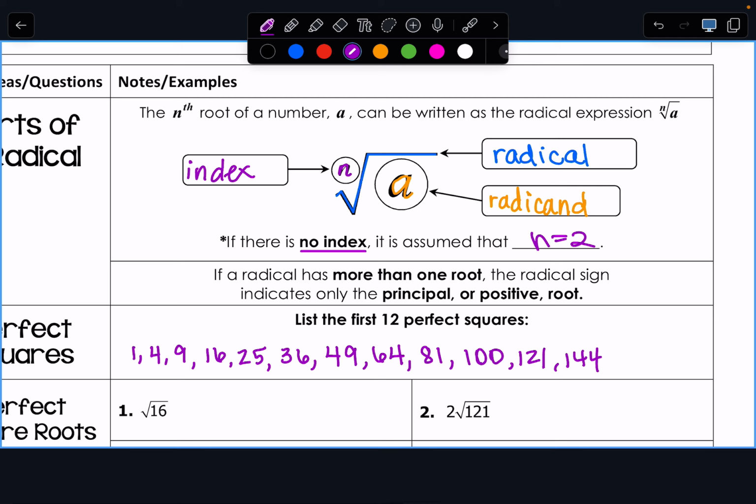We could keep going, but those are at least the first 12 perfect squares. So that means when any of these numbers are under a square root, we can simplify it to an integer.